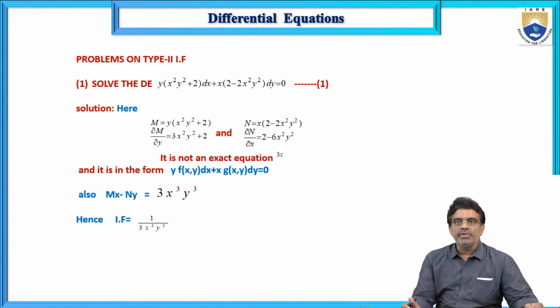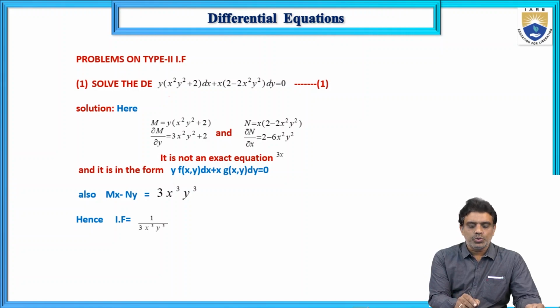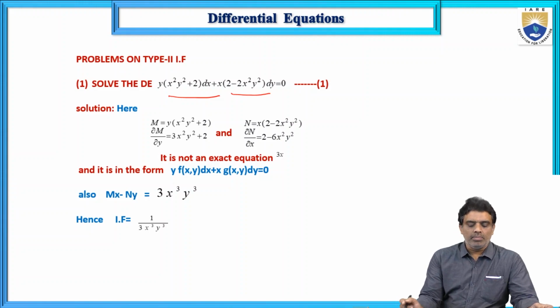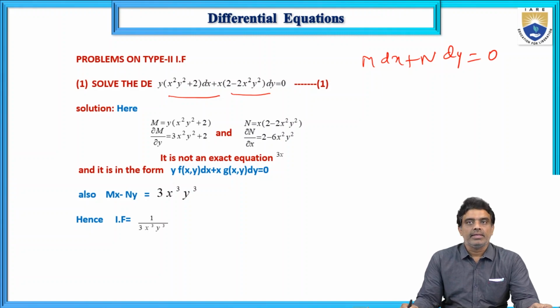Solve the differential equation y(x squared y squared plus 2) dx plus x(2 minus 2x squared y squared) dy equals 0. This is the given equation, and clearly it is a first order and first degree differential equation in the form M dx plus N dy equals 0, where M and N are functions of x and y.